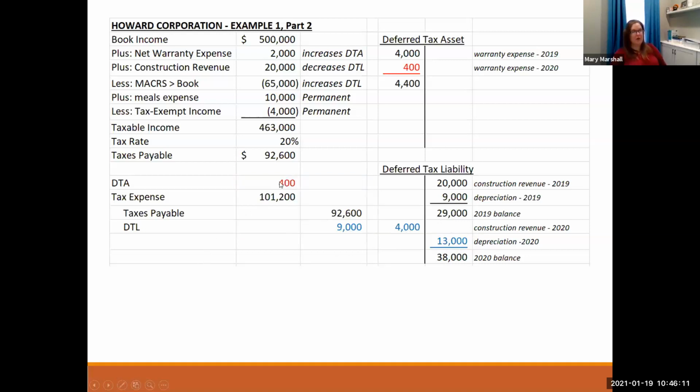So our entry is the 400 from the DTAs, the 9,000 from the changes in DTLs, the 92,600 for taxes payable, and then a plug for tax expense. So now we've seen the first 2 years of a company's operations. We've thought about different types of permanent and temporary differences, and we have created and adjusted DTAs and DTLs, and we've done the journal entry twice.